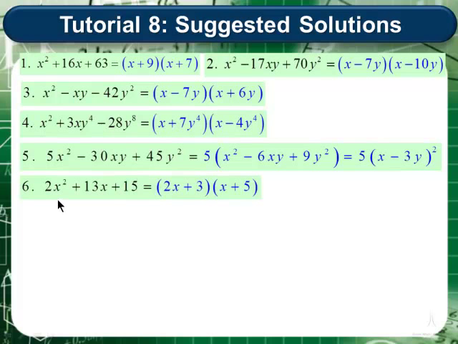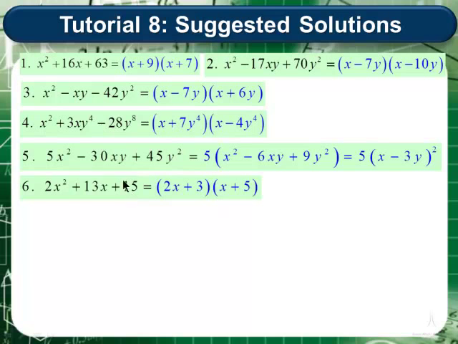In exercise number 6, again, we have a straightforward trinomial to consider, and we look at factor combinations of 2 and 15. With 2, of course, since it's a prime number, it's just 2 times 1, or 1 times 2, and we consider 3 times 5, or 5 times 3, as well as 15 times 1, or 1 times 15.